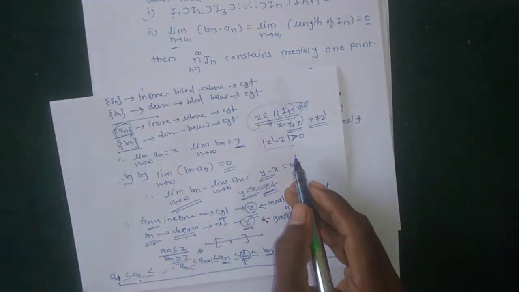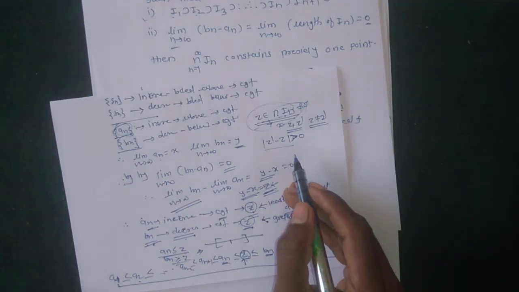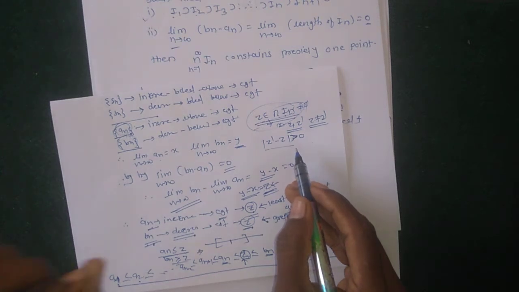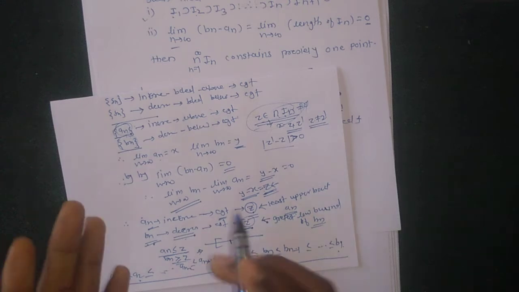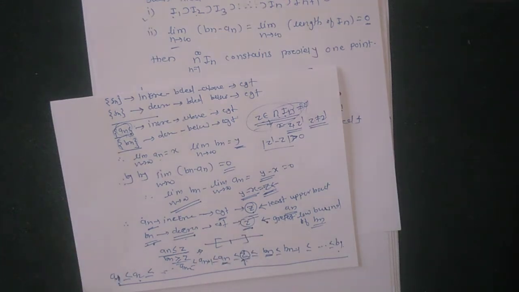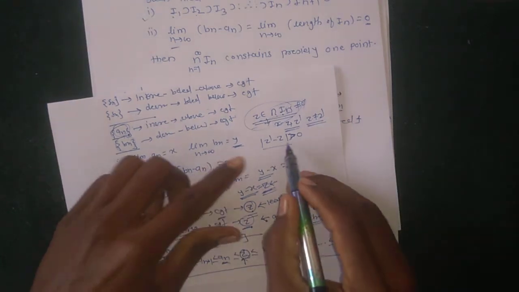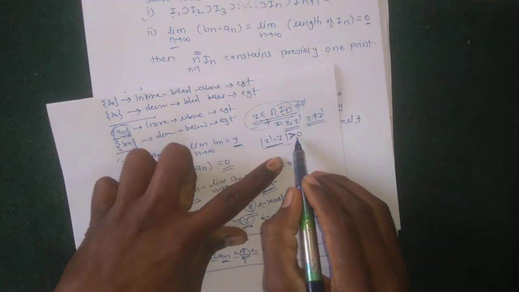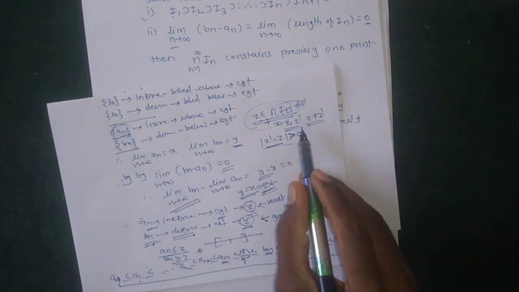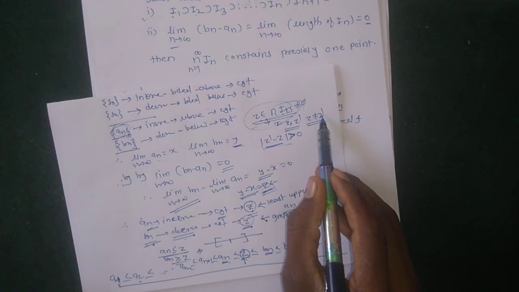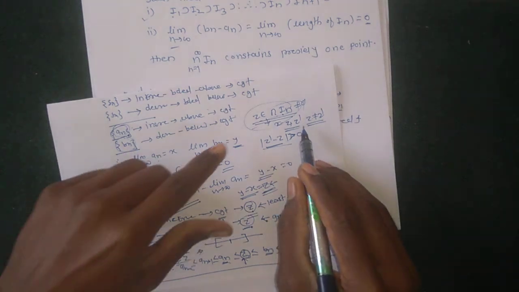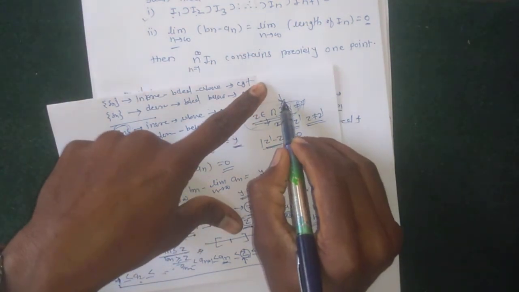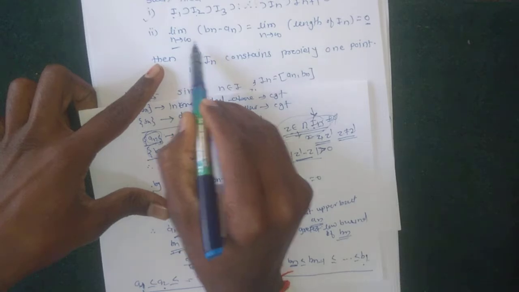Any two points of the given interval In have a distance greater than 0 if they are not equal.